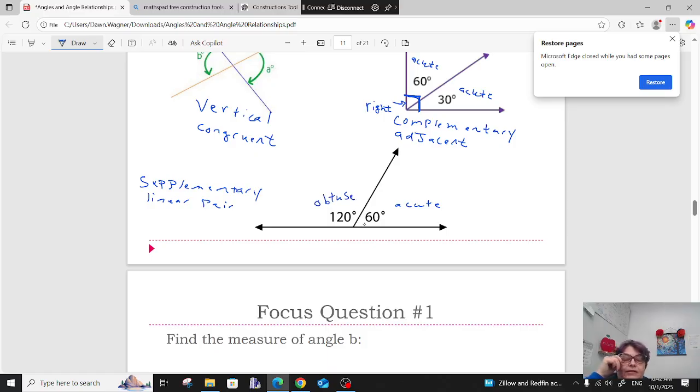Any other things? They're adjacent. There we go. We got a lot of words. Supplementary, linear pair. They're adjacent because they share a vertex and a common side. One is acute and one is obtuse. Excellent work.